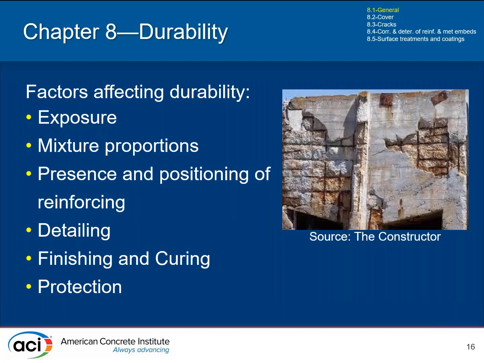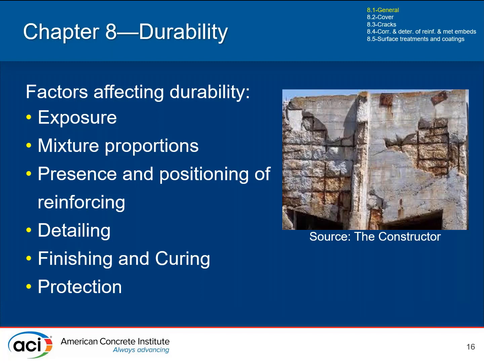Given that as a background, what would you expect? What factors affect durability and durability performance? I've listed a couple here. The first thing is, what type of environment are you in? Depending upon your exposure conditions, the same structure can have a very different durability performance. The rest are more about the properties of the structure itself and how you built it: mixture proportions, the presence of the reinforcing steel.